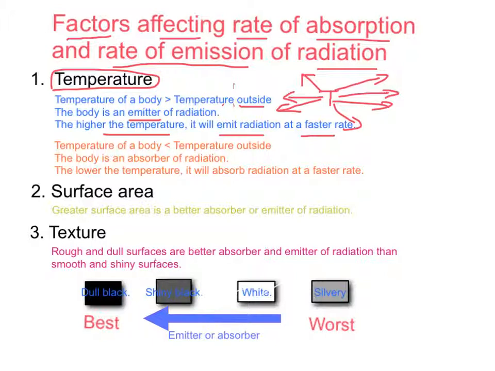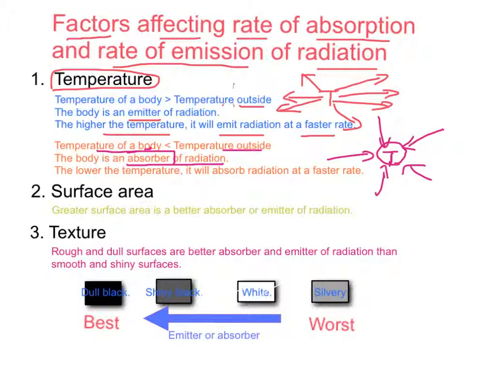However, if the temperature of the body T is smaller than that outside, then the body will be an absorber of radiation. It will absorb radiation from the surroundings.